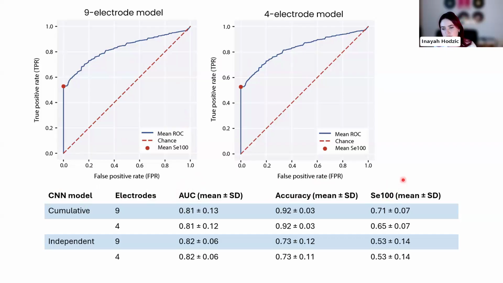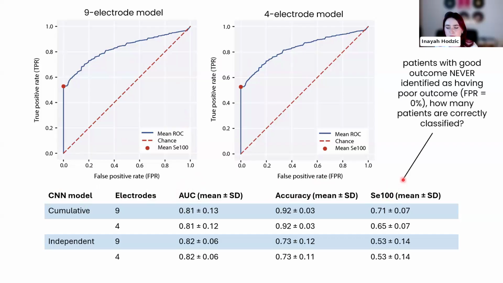This is a very important metric for us, and it stands for the sensitivity at a specificity level of 100%. Or in other words, it's the sensitivity of the prediction at a false positive rate of 0.